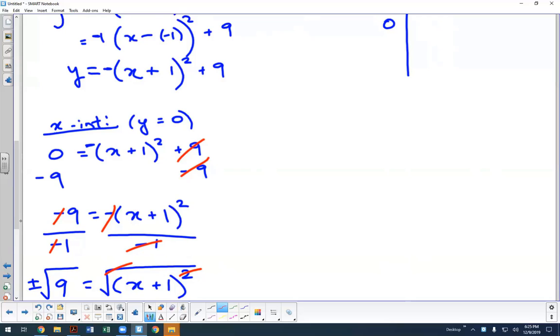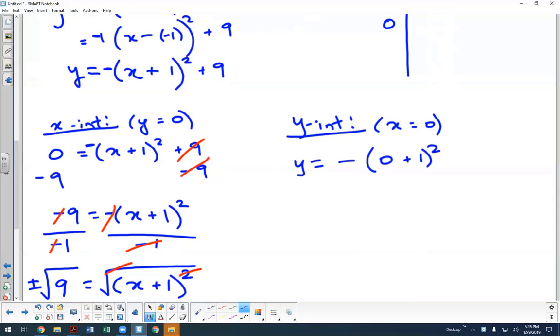Okay, same calculation for the y-intercept. Just make your x value 0. So in this case, y equals negative, x is going to now become 0 plus 1 squared plus 9.